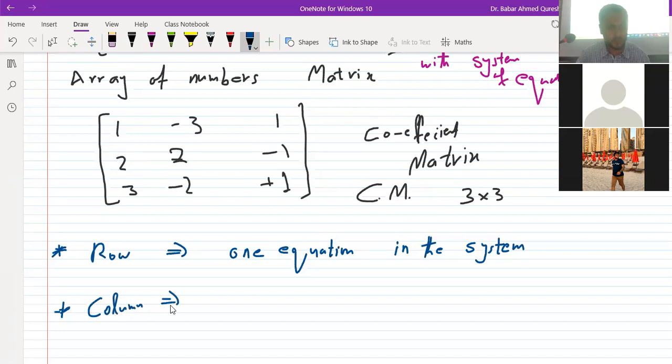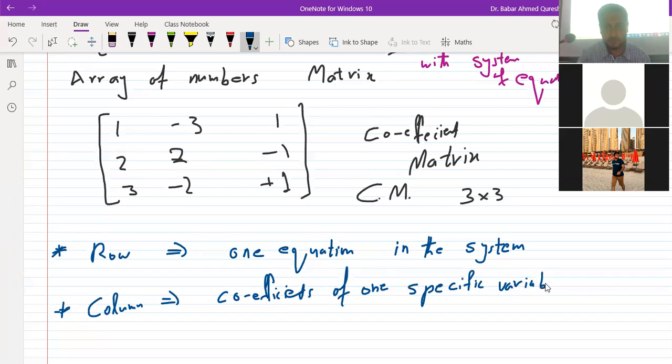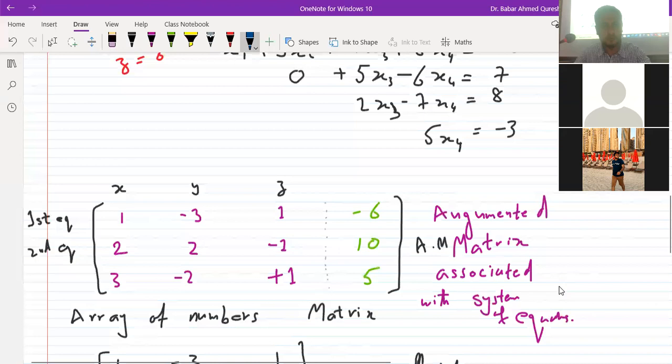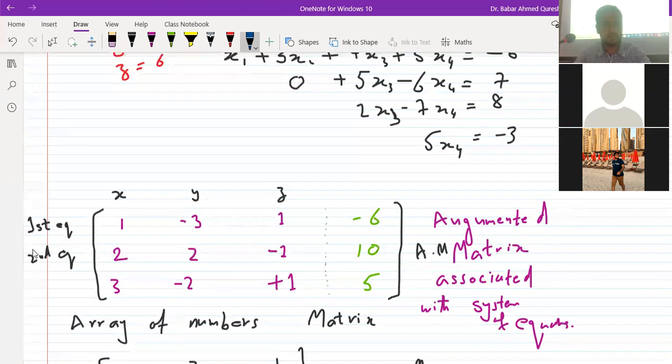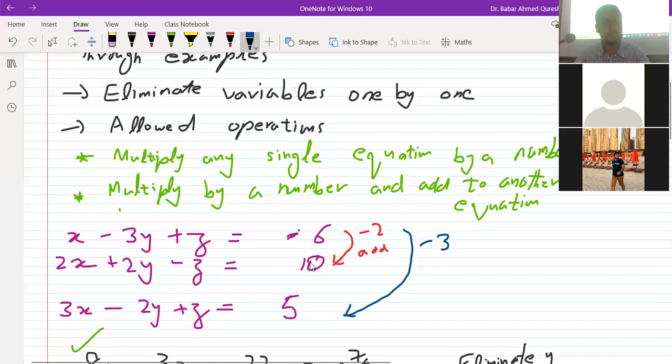Coefficients of one specific variable. So like, if I pick this row, 2, 2, minus 1, 10, this is giving me this equation, 2x plus 2y minus z is equal to 10.